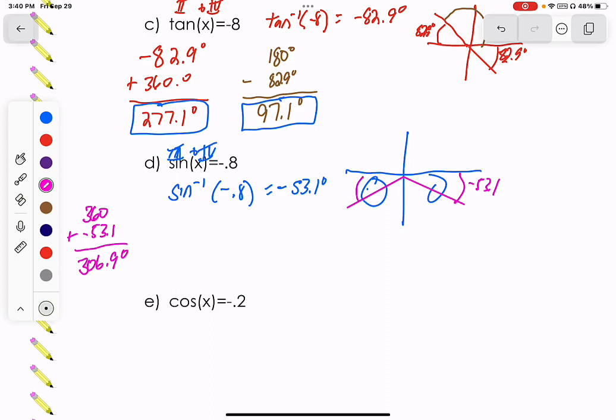And in order to do that, I'm going to go ahead and add 180 degrees plus 53.1 degrees, and that gives me 233.1 degrees. So these are my two answers to this particular problem.